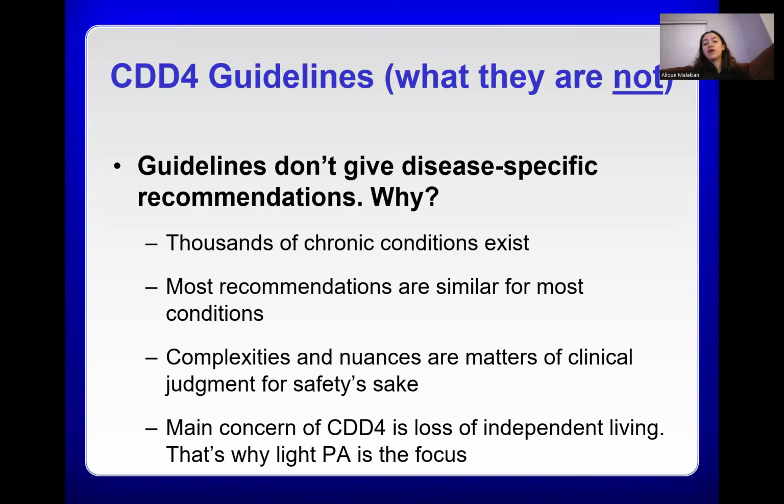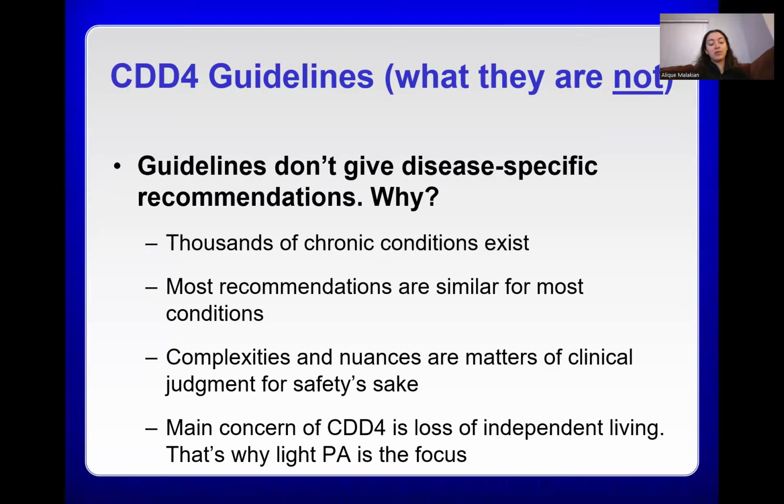First off, just to be realistic, thousands of chronic conditions exist, so it's not feasible to write guidelines for each one. Also, most recommendations are similar for most conditions, so they don't differ that much from each other to warrant completely different guidelines. And then complexities and nuances are matters of clinical judgment for safety's sake.